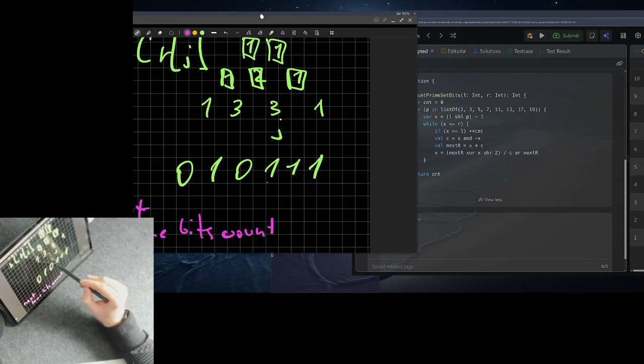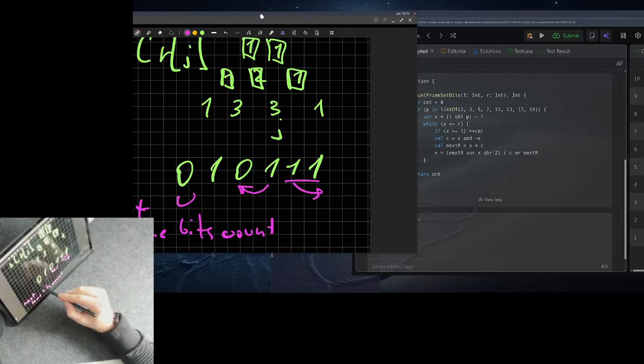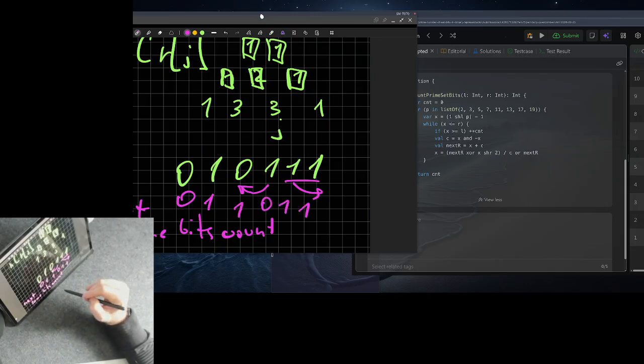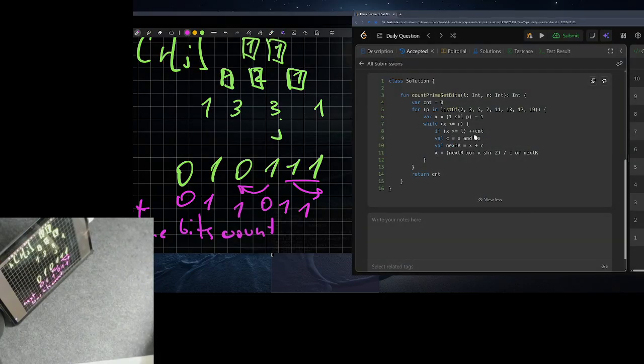So we move the first 1 in a suffix to the left and then shift the tail to the right. So the next will be 1, 0, 1. And this is how we keep checking until it goes past the right range. So that's it for today.